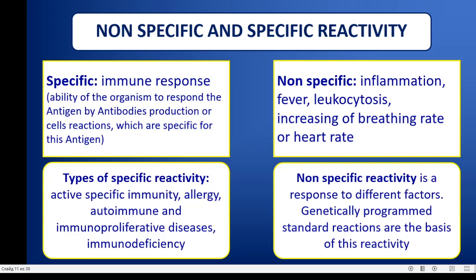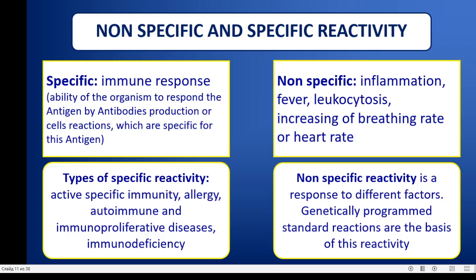Non-specific and specific reactivity. Specific: immune response, ability of the organism to respond to the antigen by antibodies production or cell reactions which are specific for the antigen. Types of specific reactivity, for example: active specific immunity, allergy, autoimmune and immunoproliferative diseases, immunodeficiency.